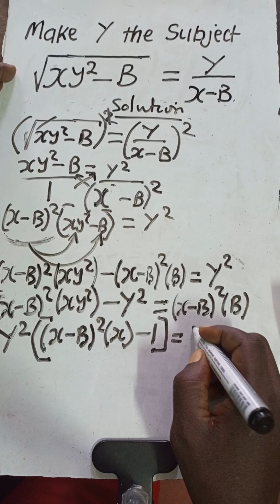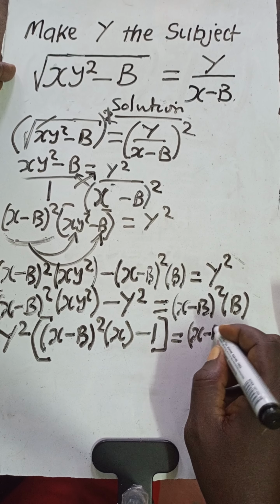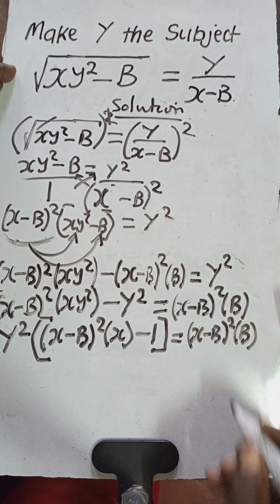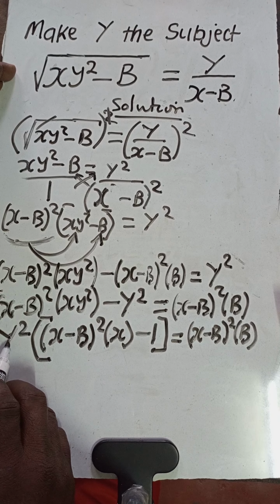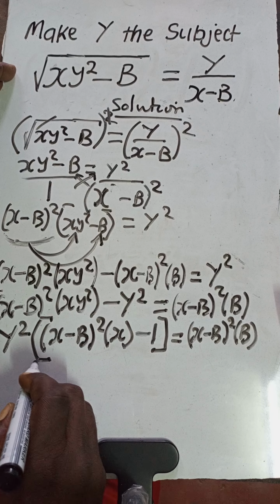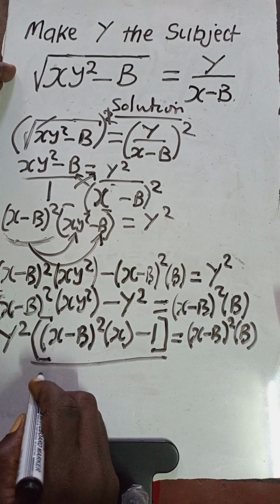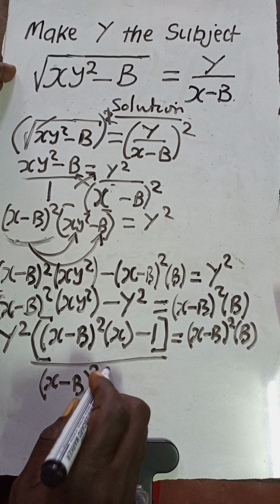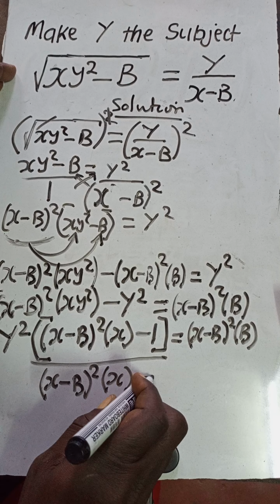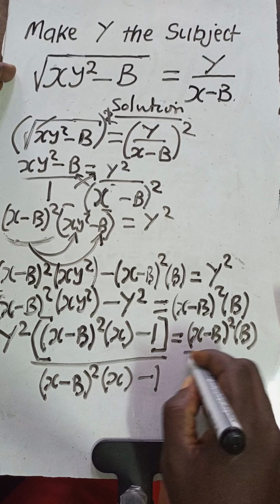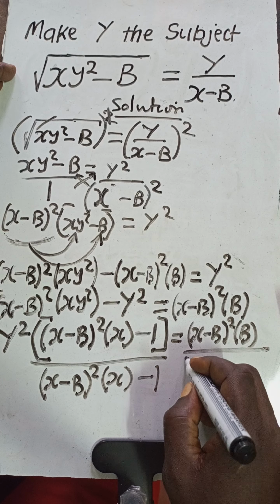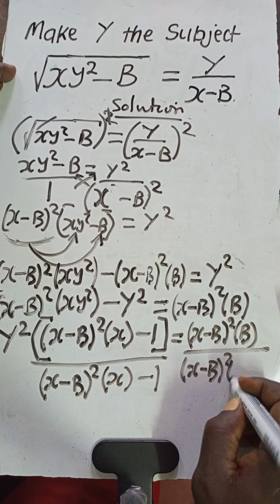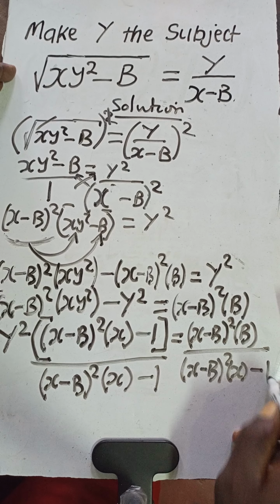All of that is equal to x minus b squared multiplied to b. Now, to isolate y squared, we need to divide both sides by this expression, x minus b squared into x minus 1. We divide here also by the same expression.